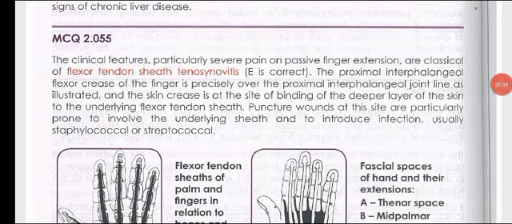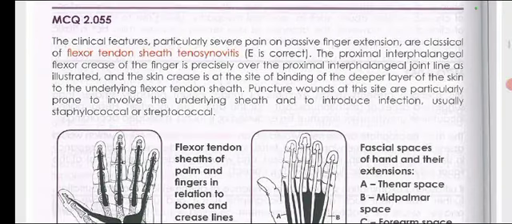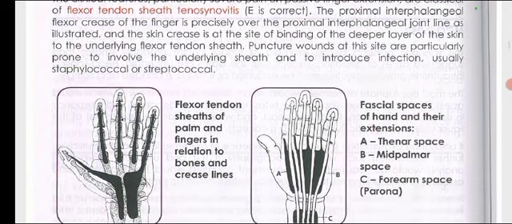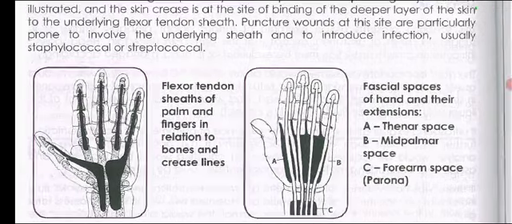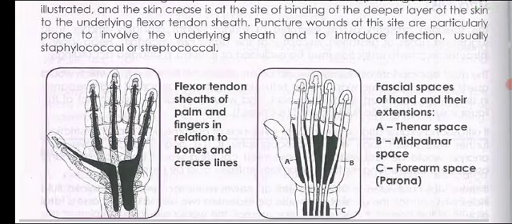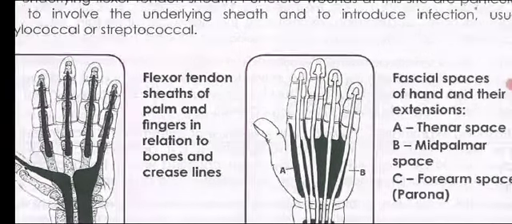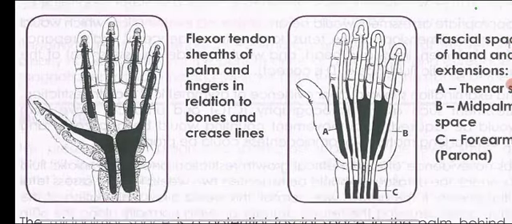The clinical features, particularly severe pain on passive finger extension, are classical of flexor tendon sheath tenosynovitis. The proximal interphalangeal flexor crease of the finger is precisely over the proximal interphalangeal joint line as illustrated here. So here we can see the flexor tendon sheath of the palm and fingers in relation to the bones and crease lines.